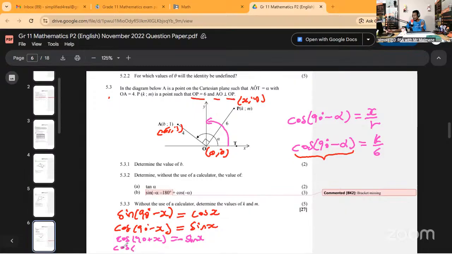And if you have sine of 90 degrees plus x, it is going to be positive cos x. Guys, don't forget the case of 90 degrees when you are dealing with these things. Store it somewhere in that file in your brain where you keep the things you remember all the time.